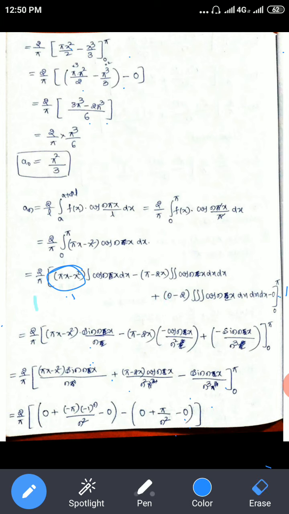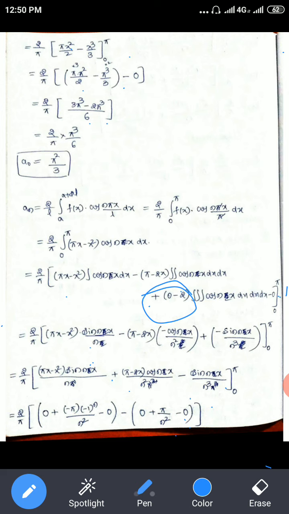Therefore 2 by pi, x minus x square, integration of cos is sine of nx divided by n, minus pi minus 2x in double integration of cos is minus cos nx divided by n square, plus, friends, this term is missing here.